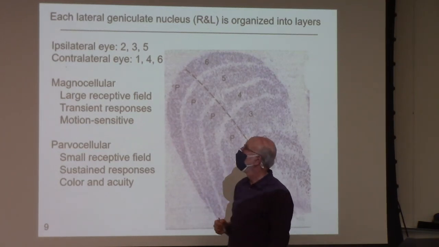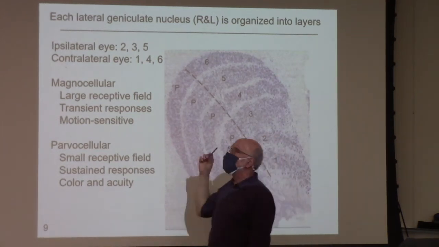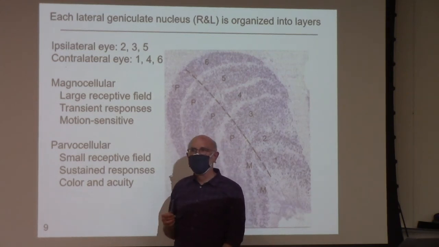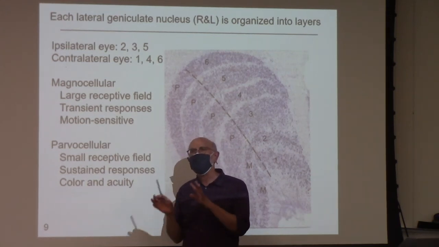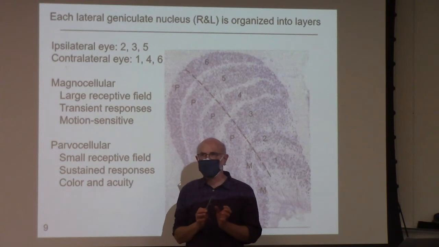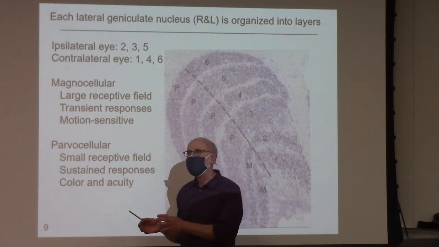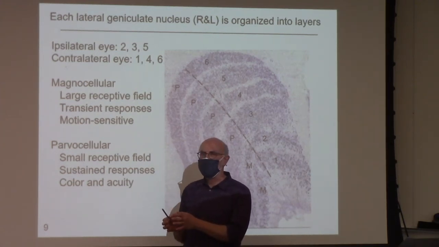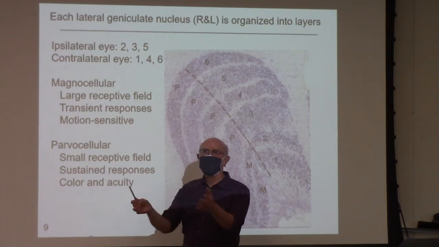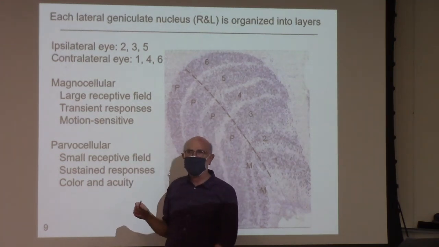What does the thalamus do with this? The thalamus is a relay and processing center. So it's going to relay the information to my visual cortex, but it's not just a simple relay, it's a processing relay.